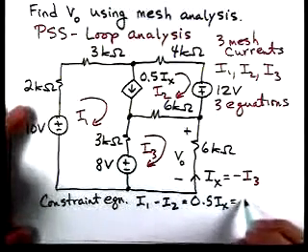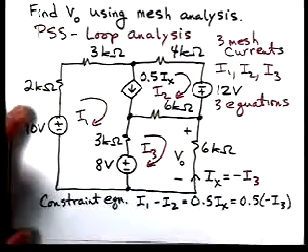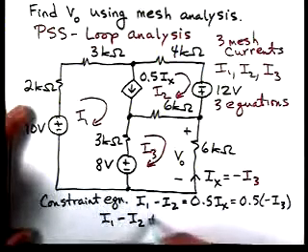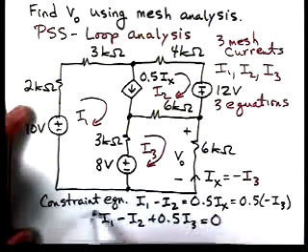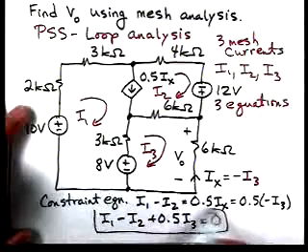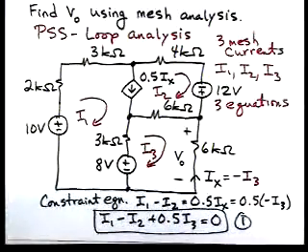So then we have 0.5 times minus I3. So then we'd have I1 minus I2 plus 0.5 I3 equal to 0. There's our first equation. Now, we need two more equations.